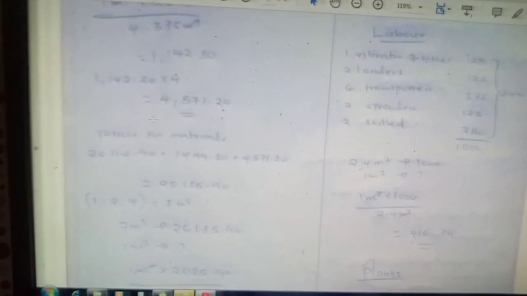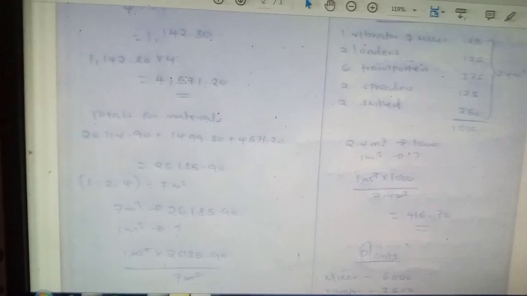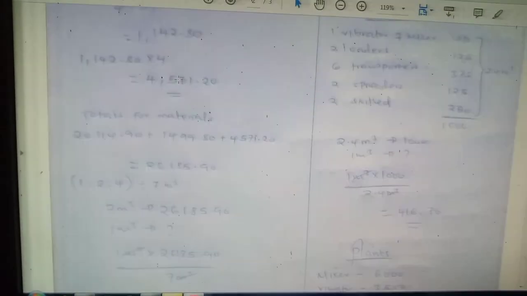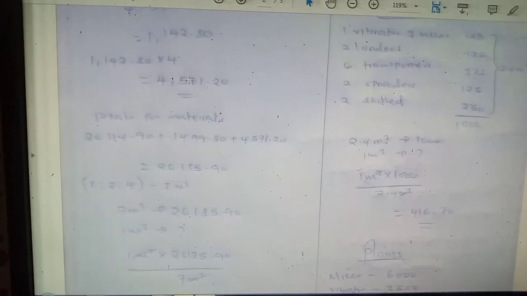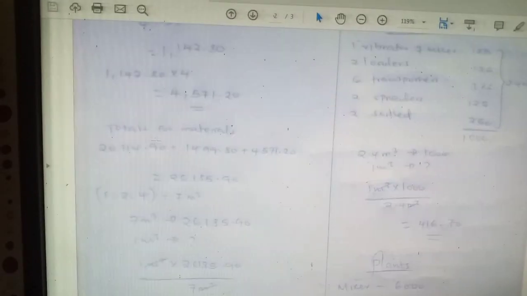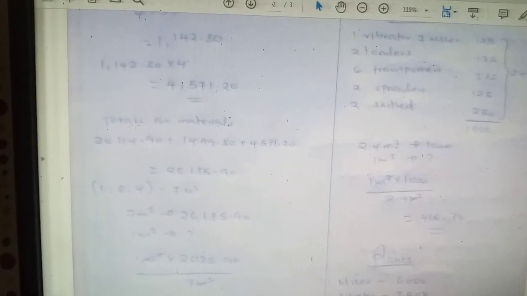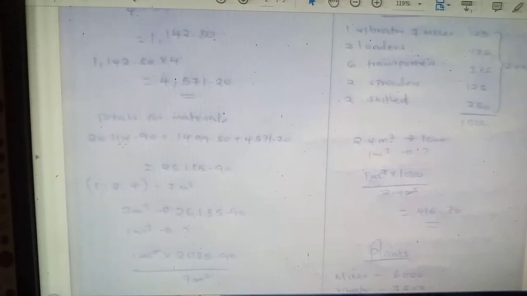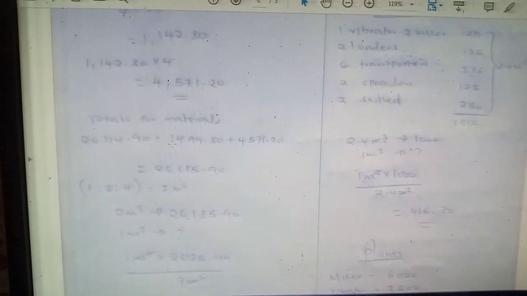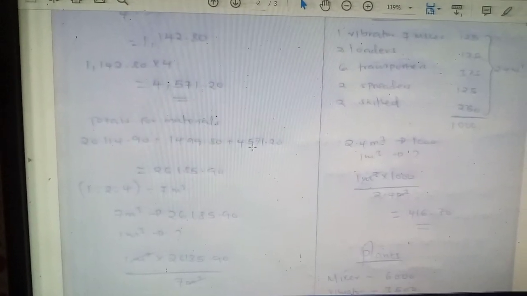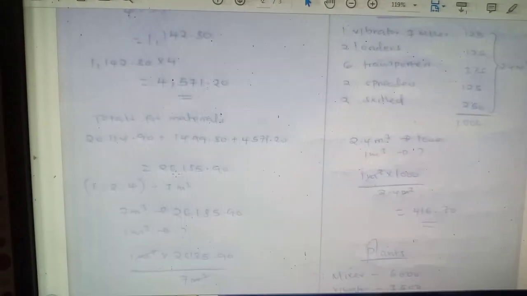Of ballast. Then after getting the cost of ballast, remember cement, sand and ballast, the mixture of the 3 items plus water is what concrete is. So you then get the total of the cement, which was 20,114, plus sand plus ballast. The total is this.